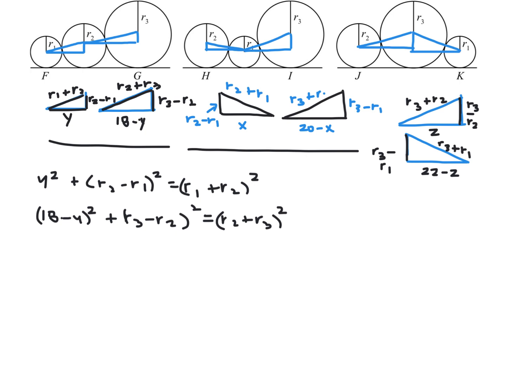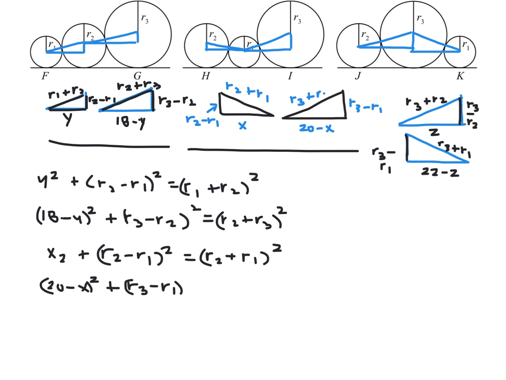Then these two guys will give the following equations. X squared plus (R2 minus R1) squared is equal to (R2 plus R1) squared. And then (20 minus X) squared plus (R3 minus R1) squared is equal to (R3 plus R1) squared.